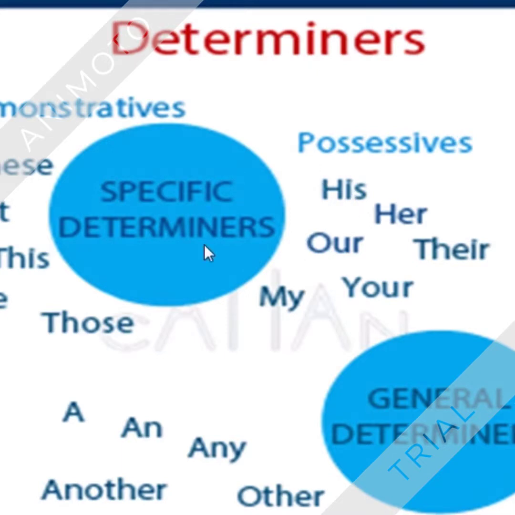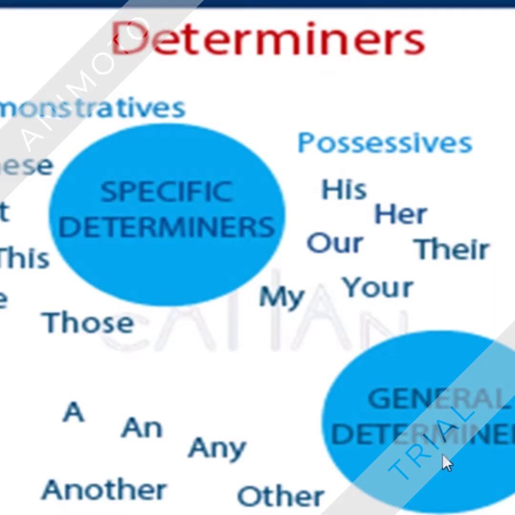So some of them are to talk about specific things, like the car that I already mentioned before. Or we have some words, some articles like a or an to talk about general things. So I saw a blue butterfly.